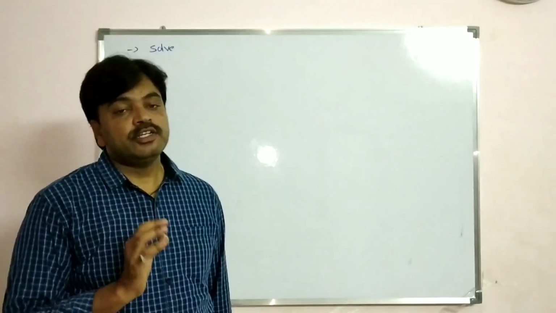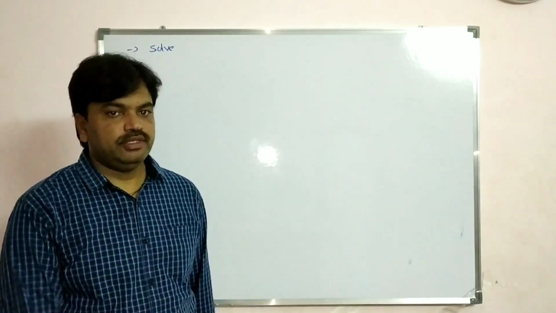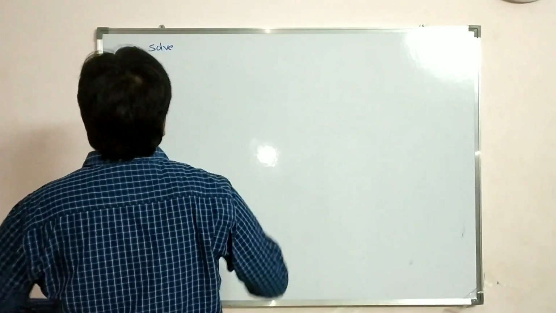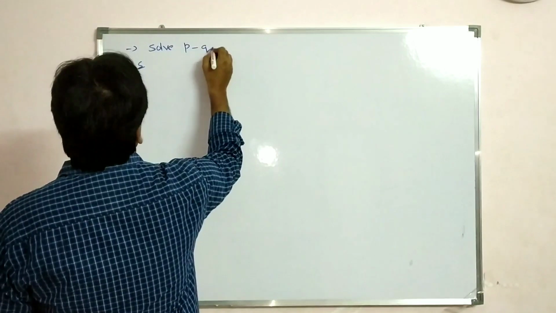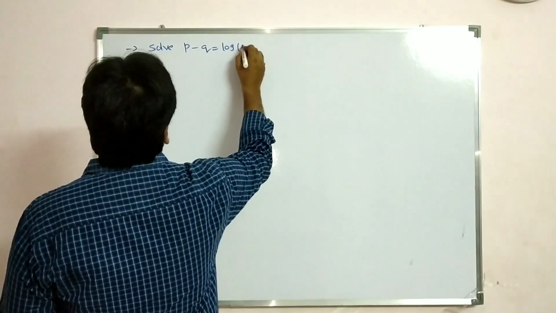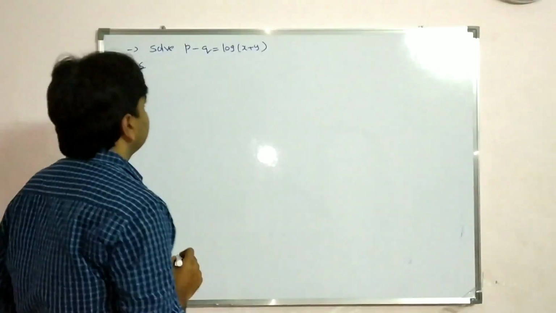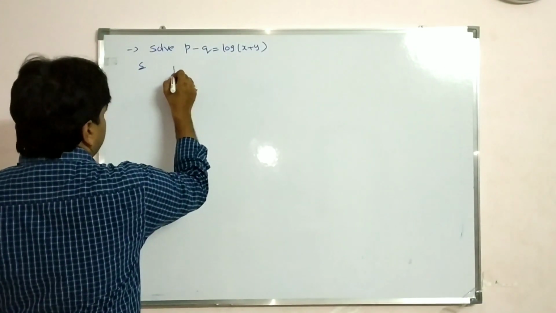But next problem, students. This problem is very, very important from the exam point of view also. Please do it carefully. Solve p minus q is equal to log of x plus y. Solution: what is the capital P value here, students?